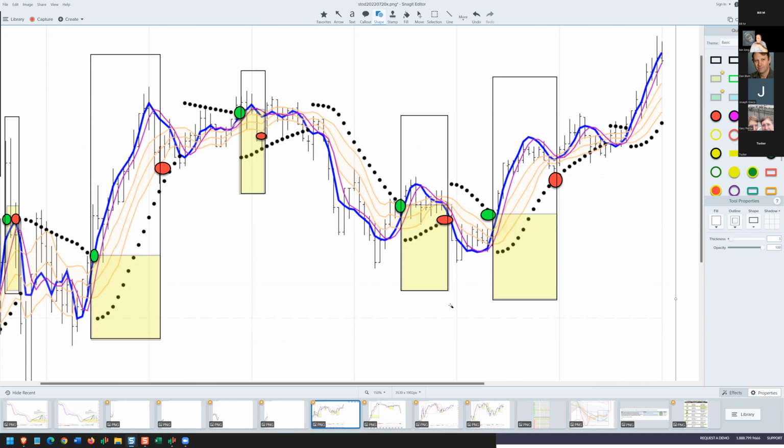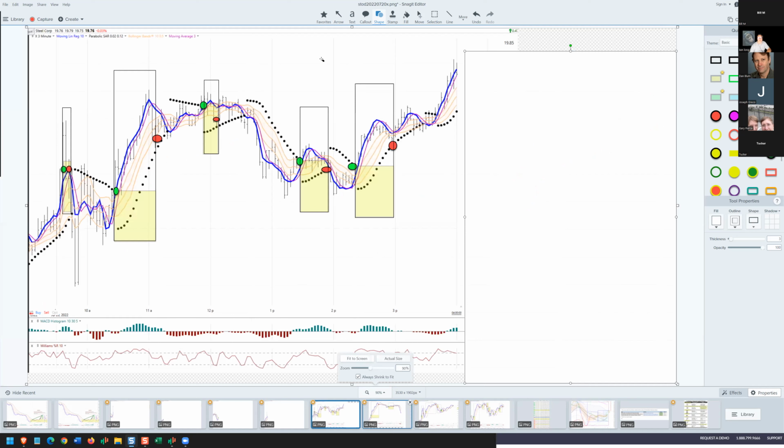Was happy to escape. But we got paid about 1 here. Lose a half, gain a half. So this comes out of here with about a half.